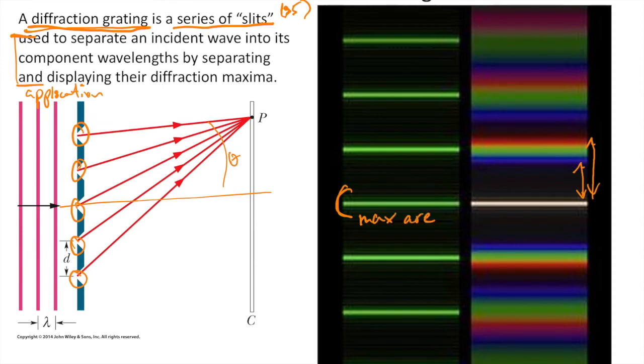The maxima are very narrow, and that's another key advantage to what's going on with diffraction gratings. You get very, very narrow maxima, and then lots of wide minima. So that's another thing that this is commonly used for.